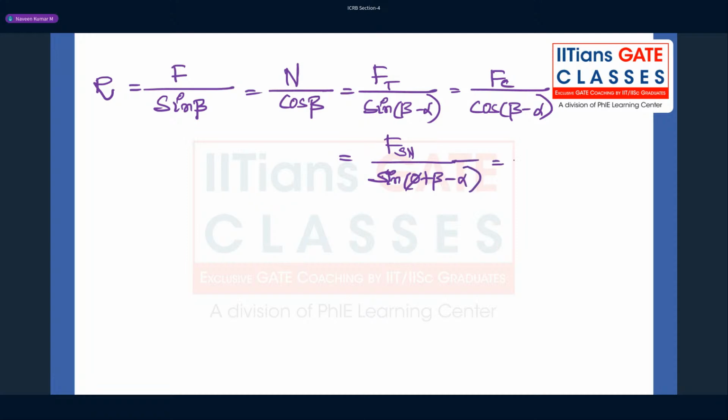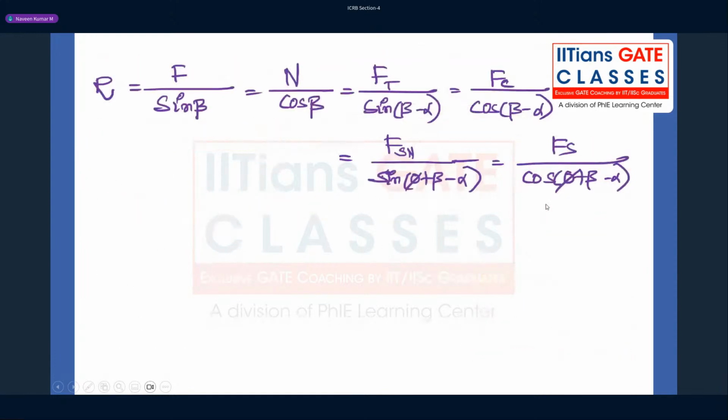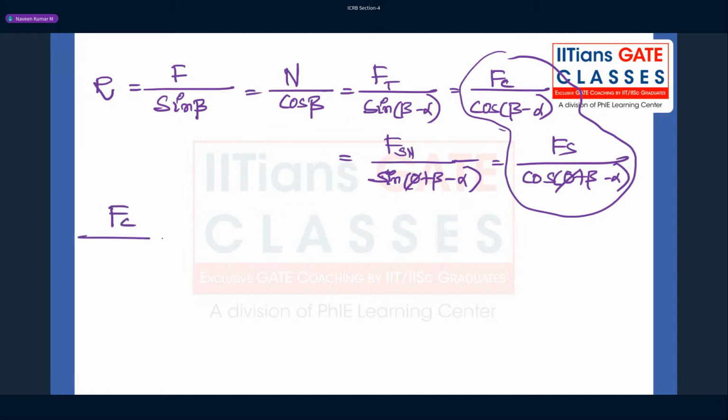Then this is Fs divided by cos of phi plus beta minus alpha. Here they are saying tau is shear stress, so you have to take the relationship between these two. So Fc by cos beta minus alpha is equal to Fs by cos phi plus beta minus alpha.